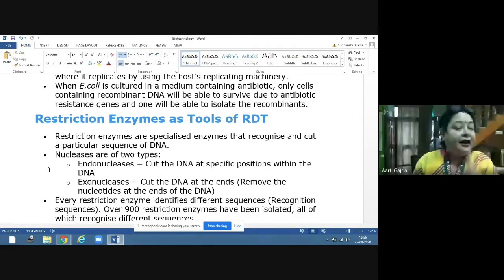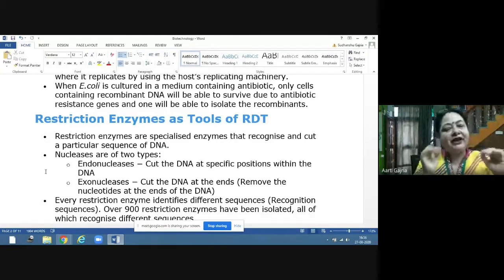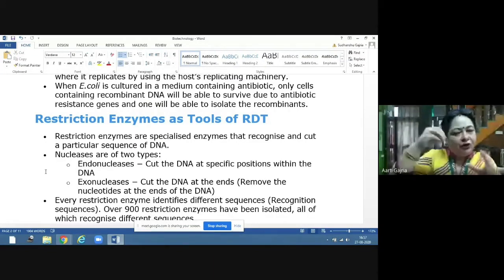Now, every restriction enzyme identifies different sequences. That is what is called the recognition sequence for that restriction enzyme. So every restriction enzyme has its recognition sequence. For example, AG. If a restriction enzyme has the recognition sequence AG, it will only recognize AG and it will only cut between A and G. So that specificity is there.